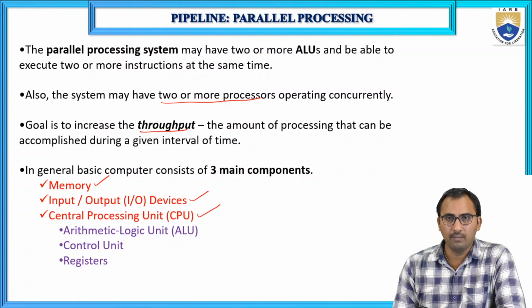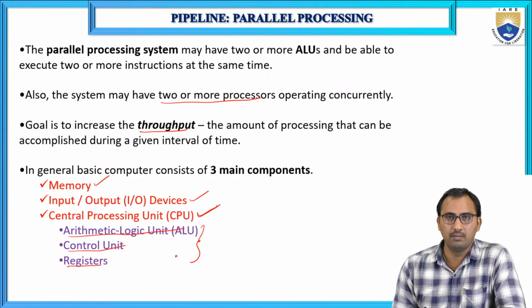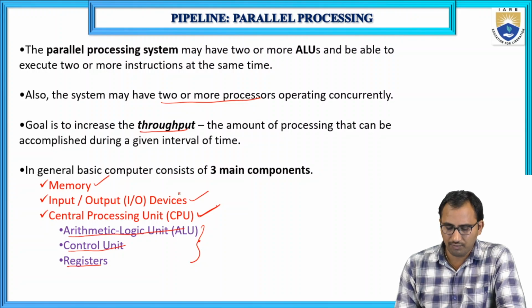If you look into the CPU again, it consists of three essential parts: the ALU, arithmetic and logic unit, the control unit, and the internal registers of the CPU. So the CPU consists of ALU, control unit, and the registers.